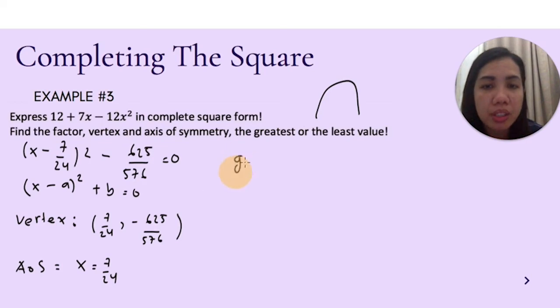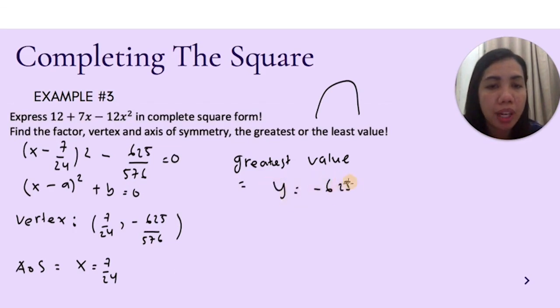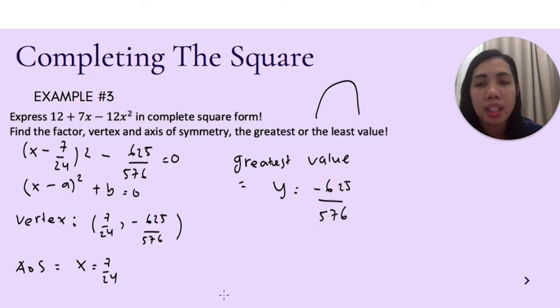So the greatest value here, we just take the y value of the vertex, which is y equals minus 625 on 576. So this is the vertex, axis of symmetry, and also the greatest value of this quadratic expression.